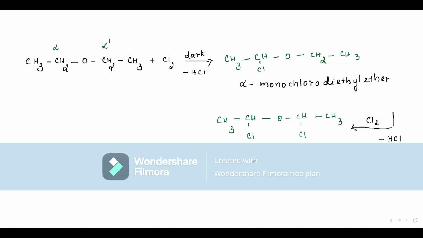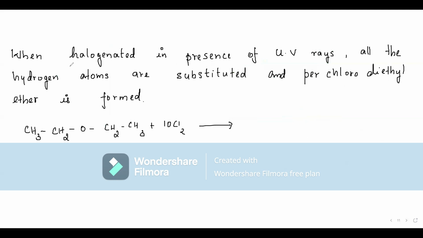So this is alpha, alpha dash, dichloro diethyl ether. This is a very important reaction, and a very frequent question also.